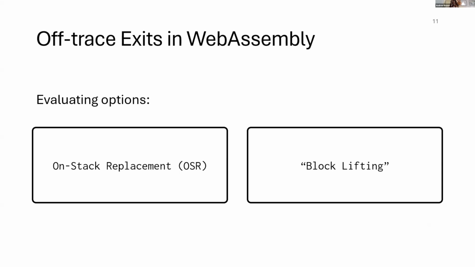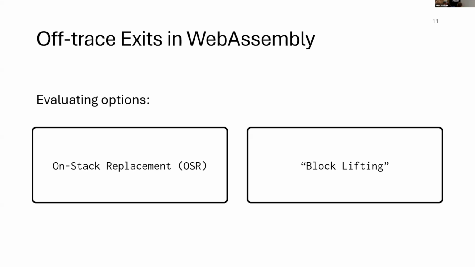So let me talk about another topic that we're going to dive a little bit deeper into: how to implement these off-trace exits. If we're executing an optimized trace and we need to leave it, de-optimizing to the original program, here are some options. We could use on-stack replacement, or we could use something that we call block lifting. This is an idea that came about from talking with Nick Fitzgerald.